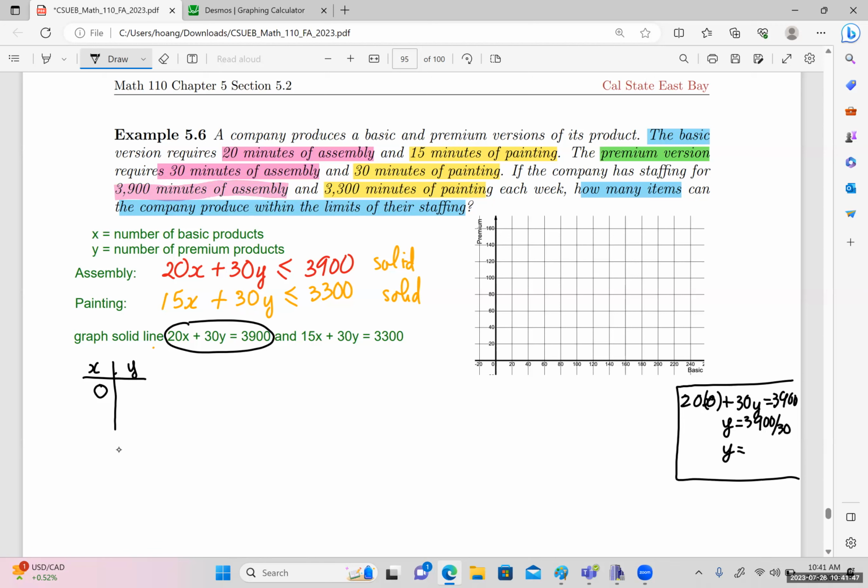Use the calculator to make sure. 3900 divided by 30 is 130. So that's 130.